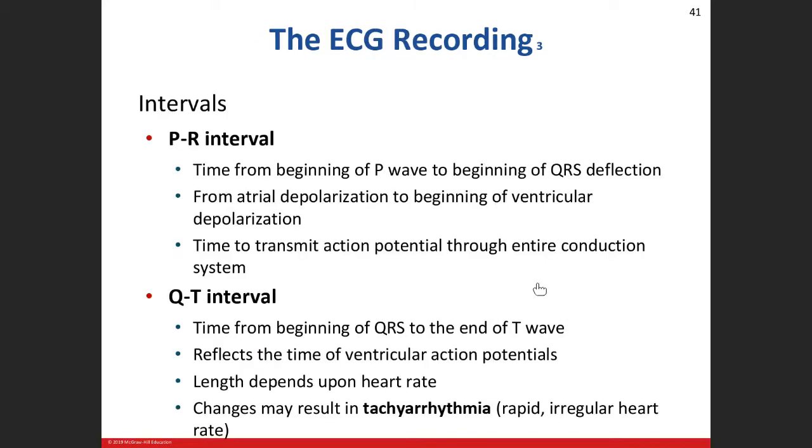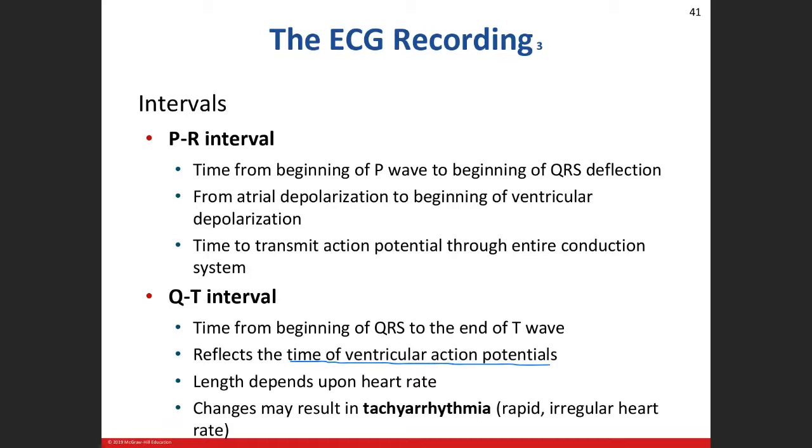It's kind of weird how they set it up. But what we learn from the QT interval is how long it takes for the ventricular action potentials to pass through the ventricles.